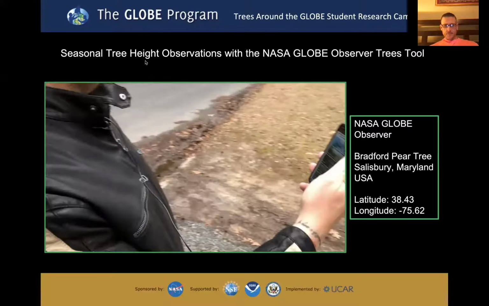It'll be an erroneous tree height observation. So how you can remedy that, when you go into the trees tool, there's a little question mark. That's the help section. You click on help and it says change current user height settings. So you can go right in and change the height of the observer about to take the observation.